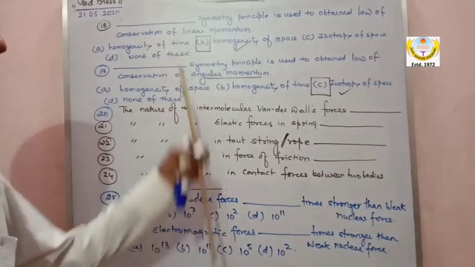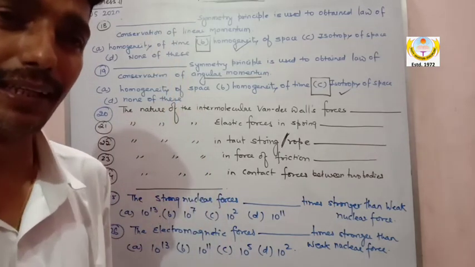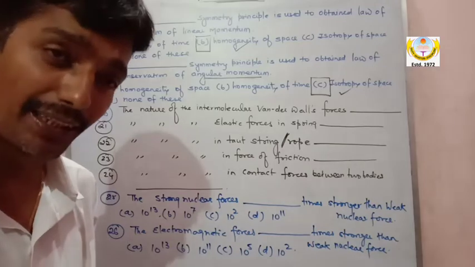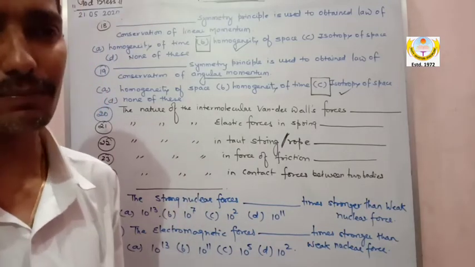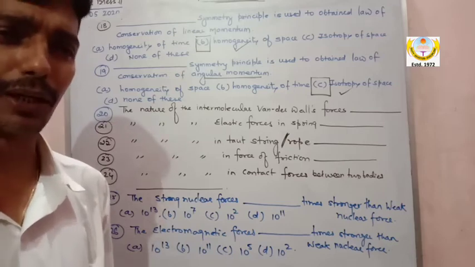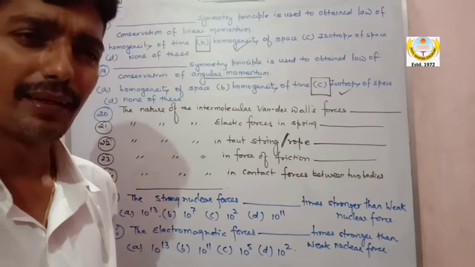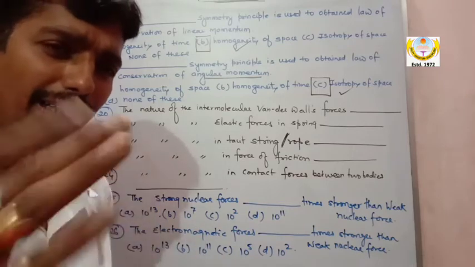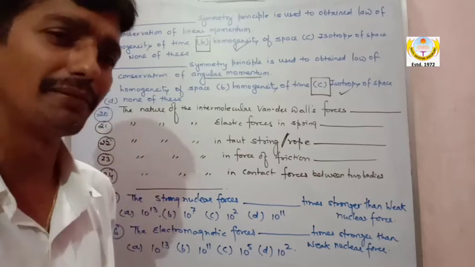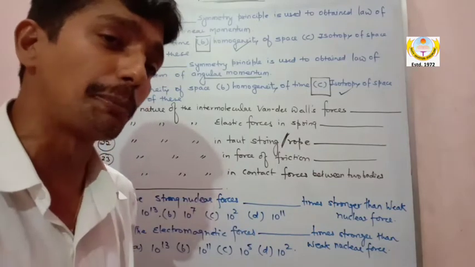So my dear, these are the three very important objective questions I have given earlier. The law of conservation of energy is governed by the principle of homogeneity of time. That is, I do it at any time, child, energy will be conserved. There is no preferred time. Whenever you do anything, at any time, your energy will be conserved. Similarly, my dear, there is no preferred location in space.